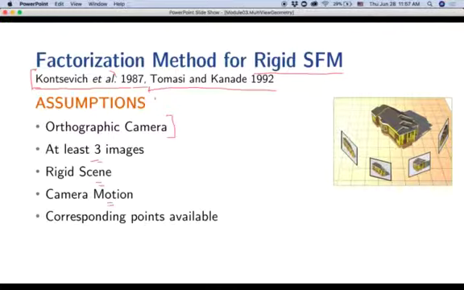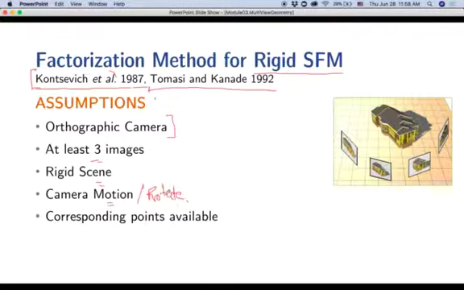But since they are using an orthographic camera, translation does not change any disparity information. With an orthographic camera, translation is just like taking the 2D points and translating them in image space, because depth does not make any difference. And so it's not just that the camera has to move, but the method actually requires that the camera has to rotate.